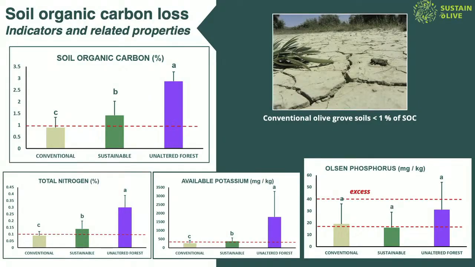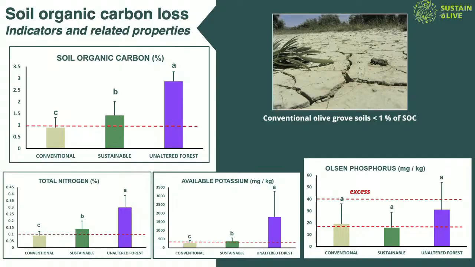Okay, starting with the main degradation process that we found in the experimental sites of the living lab. Really, we have soil organic carbon levels in the conventional olive groves that are below the recommended threshold of 1%.